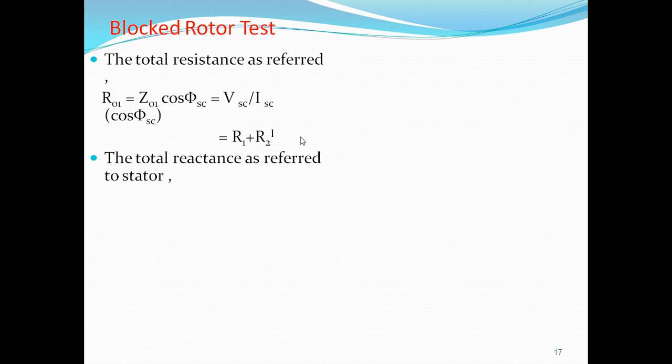So the total reactance referred to the stator, X naught 1, is equal to Z naught 1 into sin phi, that is VSC by ISC. So that is X1 plus X2 dash, where X1 is the primary reactance and X2 dash is the secondary reactance referred to primary.